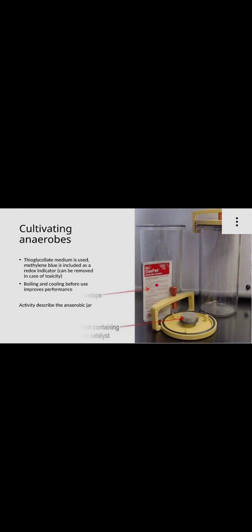So any oxygen is used up to form water. In some cases, some microorganisms do well when there is carbon dioxide added, and that carbon dioxide would still be produced by that package.